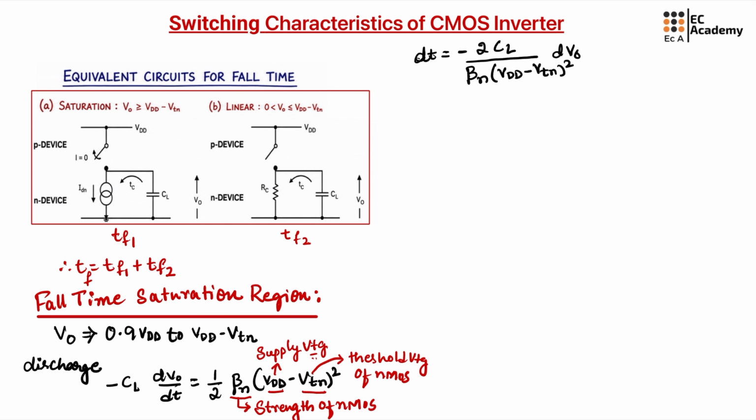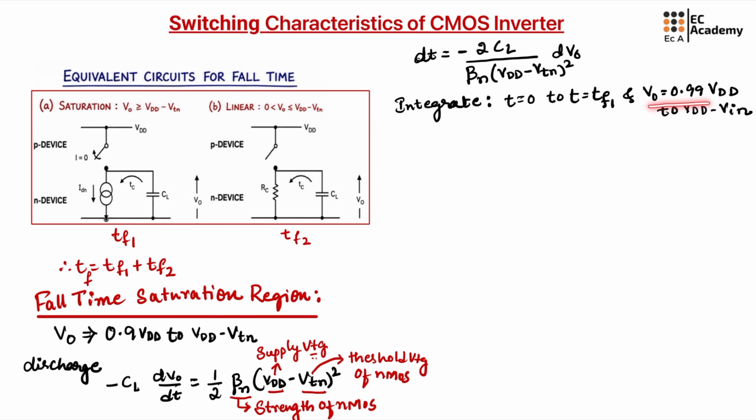Now let us integrate on both sides, taking time from t is equal to 0 to t is equal to TF1, and voltage V0 from 0.9 VDD to VDD minus VTN. Since the output voltage is falling from 0.9 VDD to VDD minus VTN, we will take this as the integration limit.